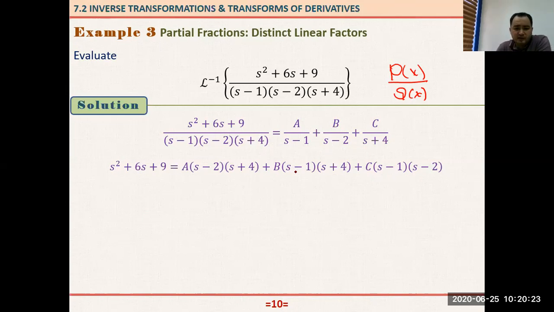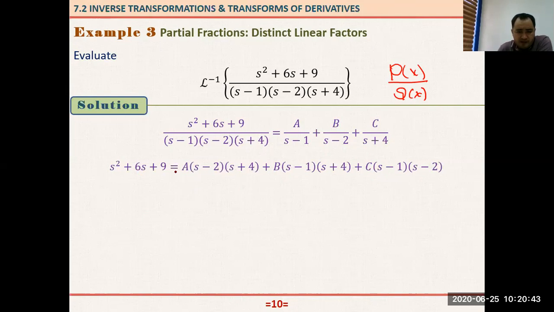So now, how can I, for example, get the value of A? Since this is an identity, for every value of s, the left-hand side equals the right-hand side. For example, if s equals 1, right? If s equals 1, this will disappear because it becomes 0. And also this will disappear, only this thing is left, right?